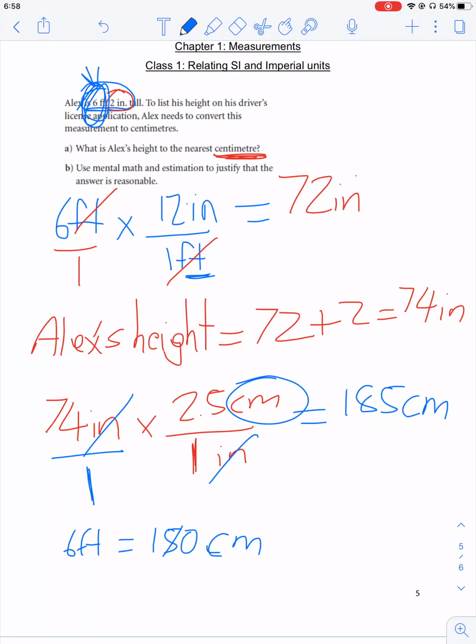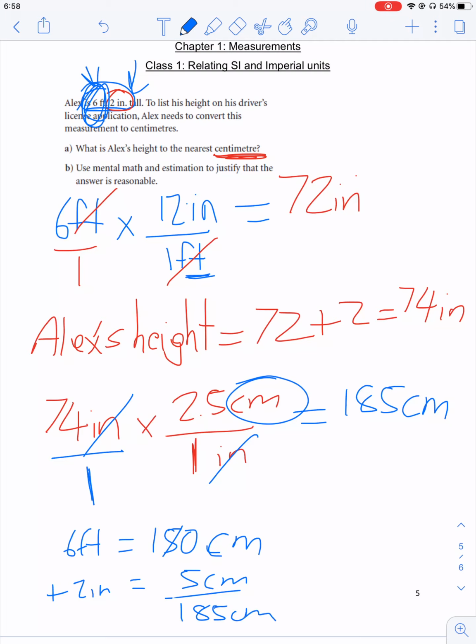And then Alex also has this extra 2 inches. So 1 inch is 2.5, so 2 inches will be 5 centimeters, right? So if you add this up, then it gives you 185, okay?